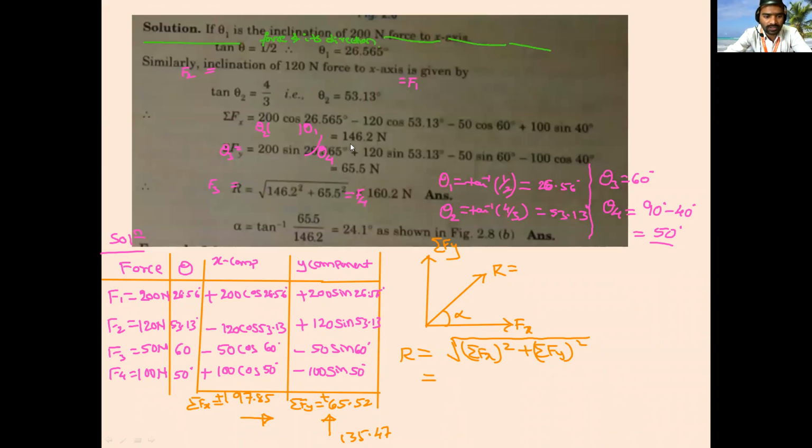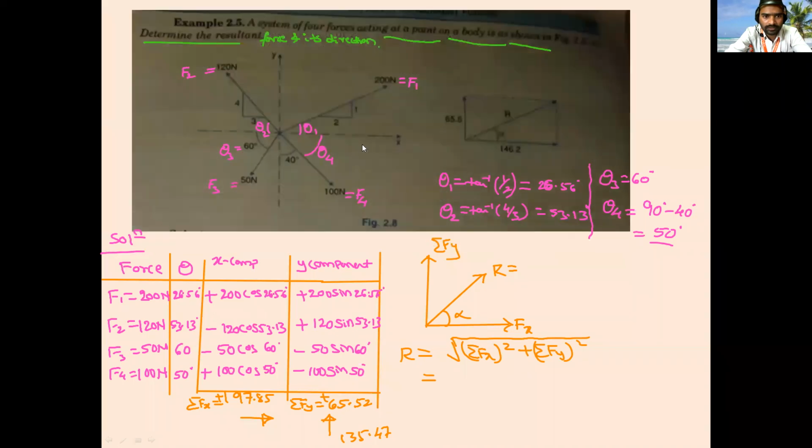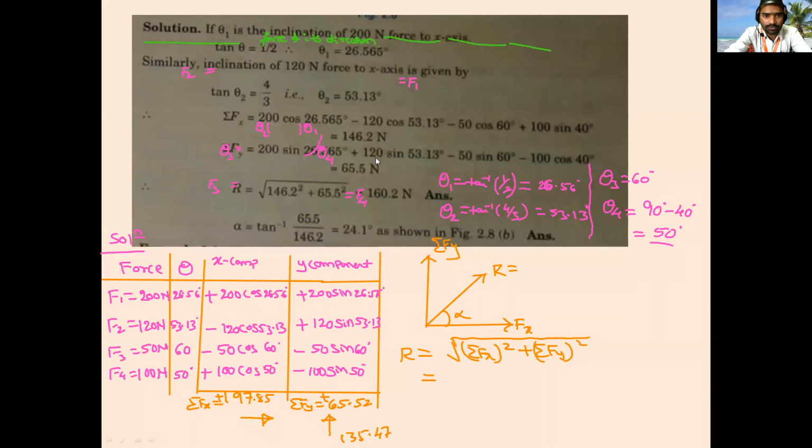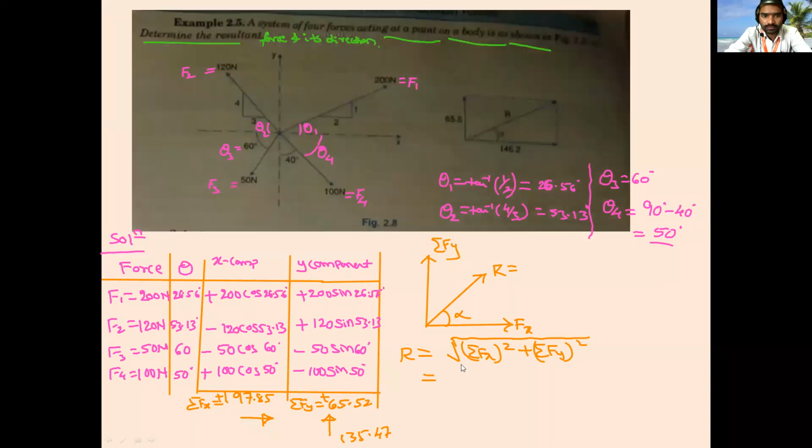Sigma fx is 146, that is wrong. Sigma fy is 65.52, correct. Sigma fx is 146.2. So this answer is slightly changed.